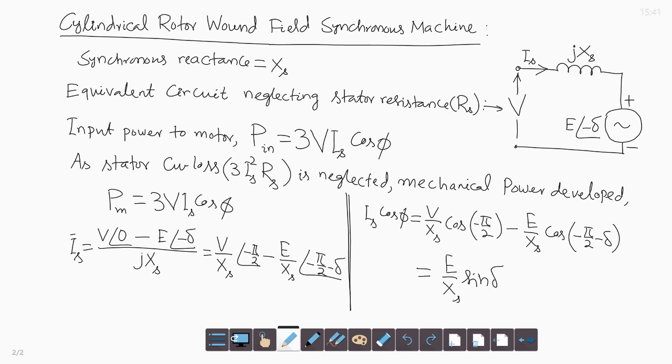So, substituting this IS cos phi in the power developed expression, we have the mechanical power developed P m equal to 3 V E by XS into sin delta.